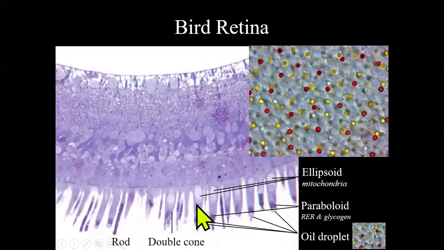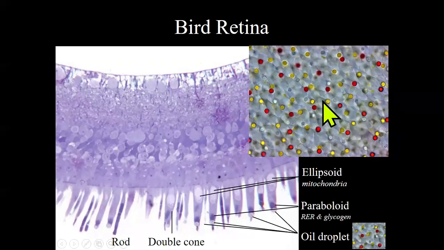And these are called oil droplets. If you take a bird retina, this is a chicken retina, open up the eye, remove the retina, and just flat mount that retina on a microscope without any other manipulations, and look at it through the microscope, this is what you see.